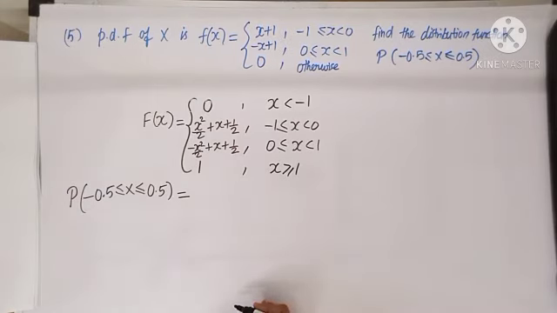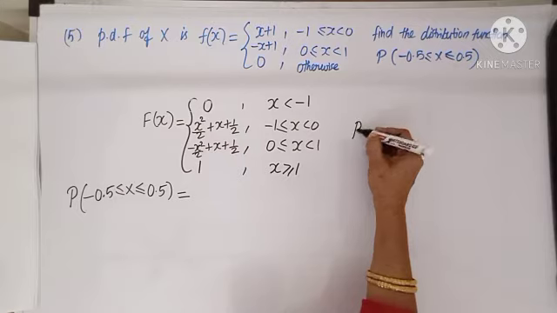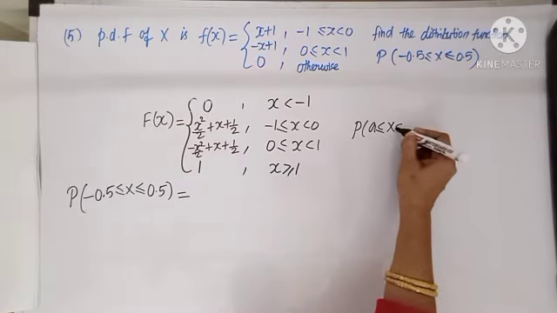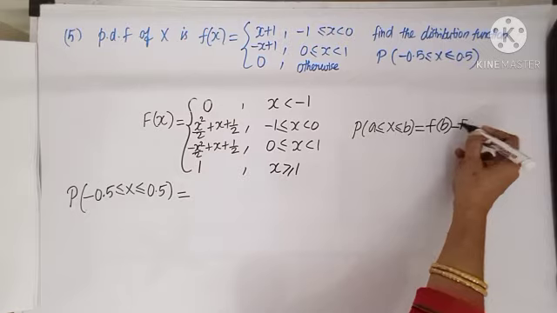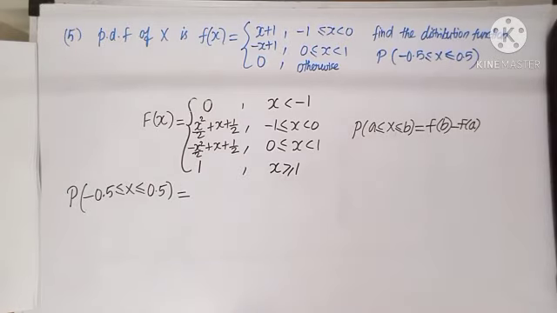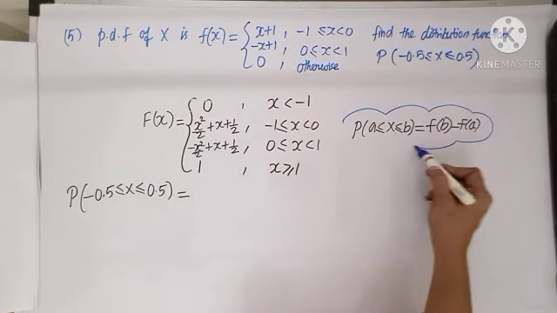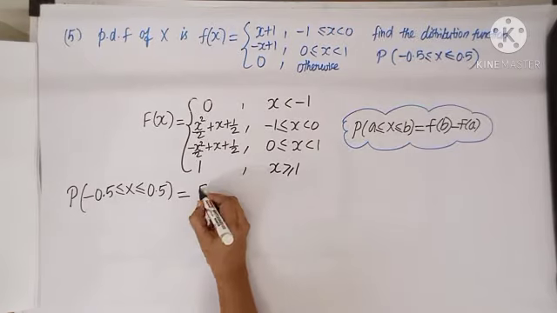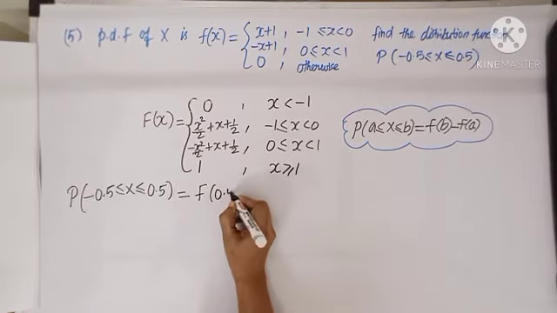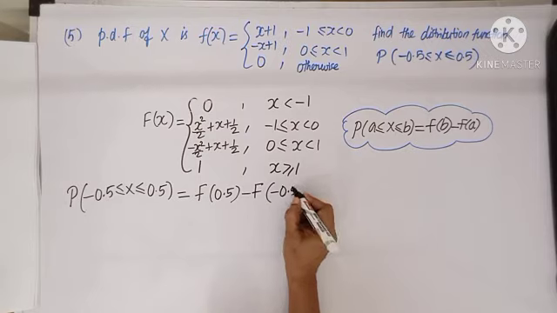How to find it? When I want the probability of a less than or equal to x less than or equal to b, my formula is capital F of b minus capital F of a. Using that, I am able to write capital F of 0.5 minus capital F of minus 0.5.